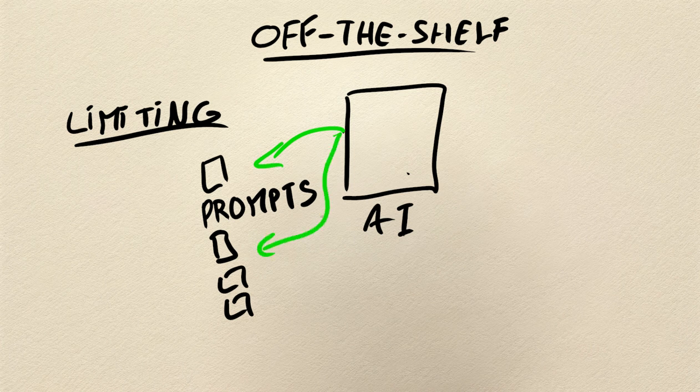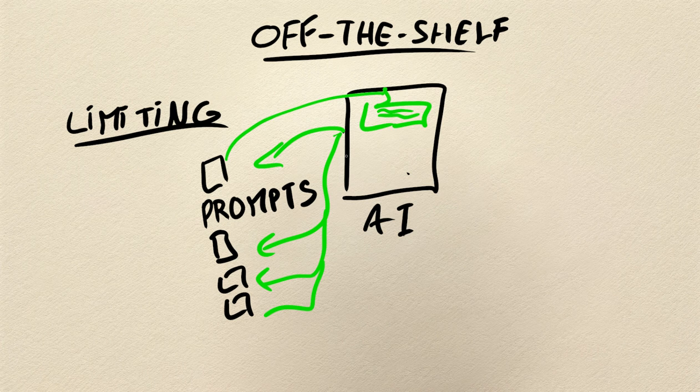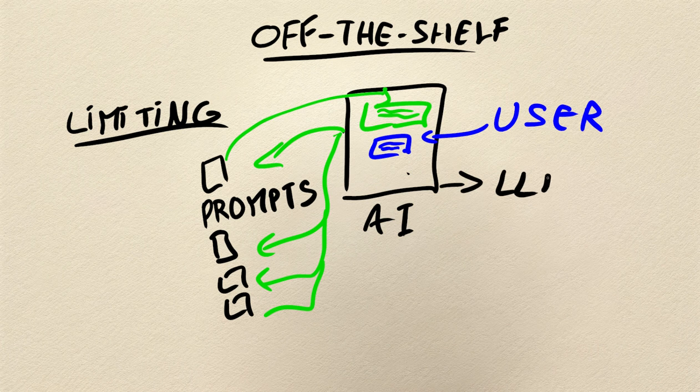We call them context prompts, because they are going to give context to the AI, so that when the user, here in blue, asks a question, it's not going to be just the large language model that is here, right?